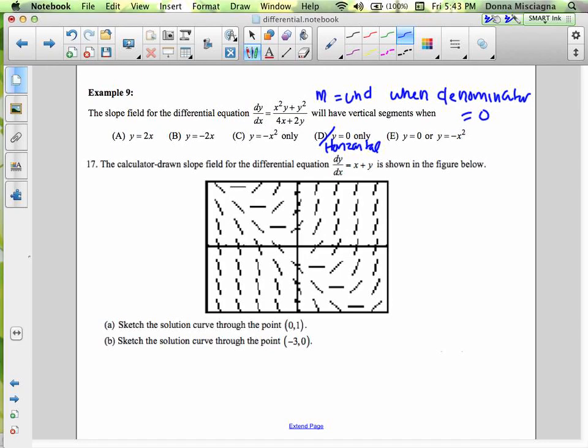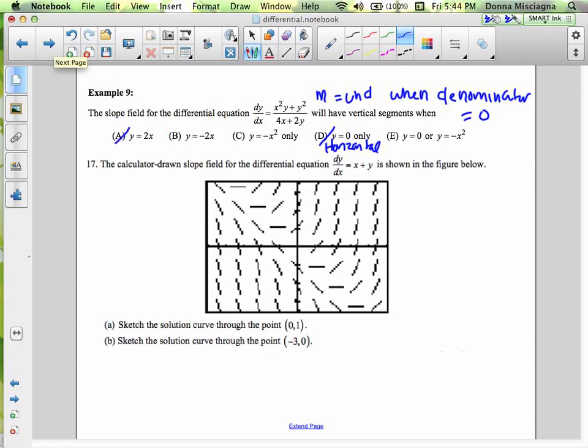If I plug the 2x in, this would be 2x cubed, y squared. I don't think that's going to make our denominator equal to 0. Nope. I don't see any reason that would make it 0.